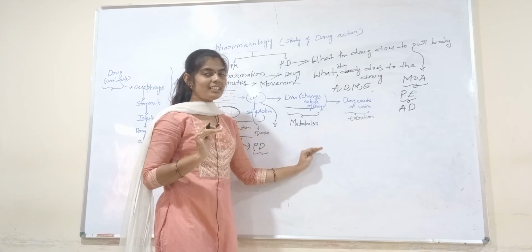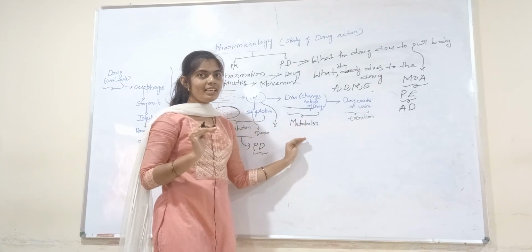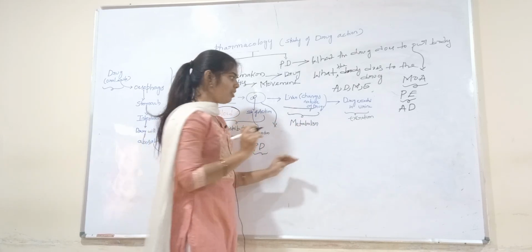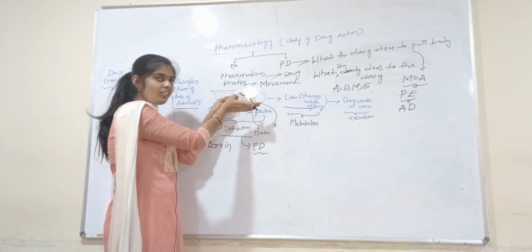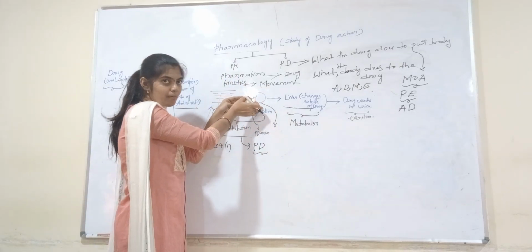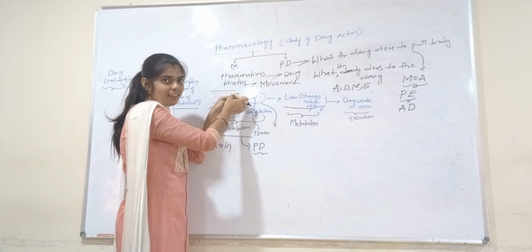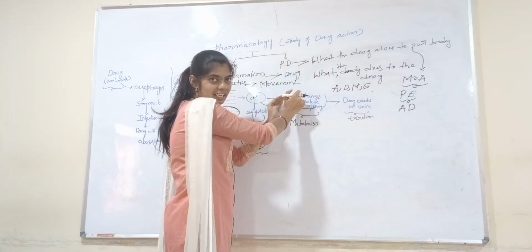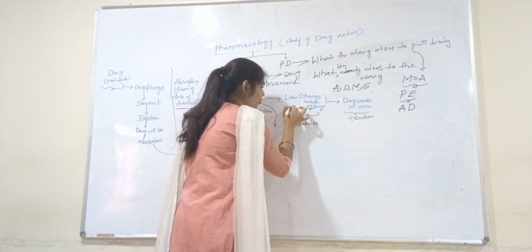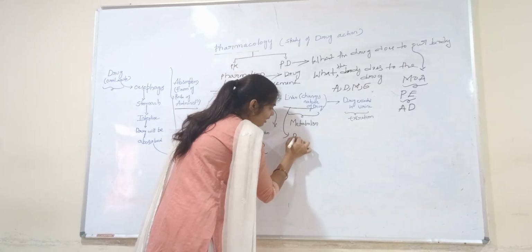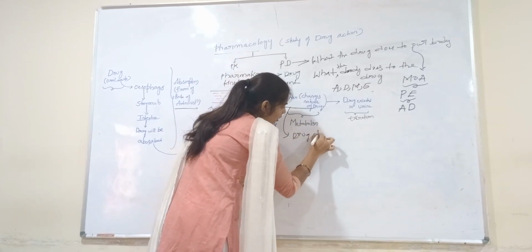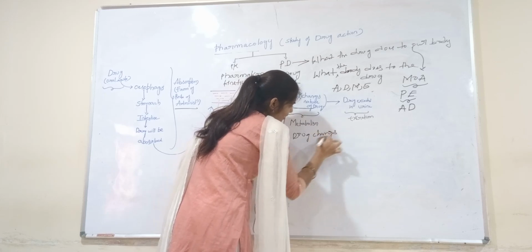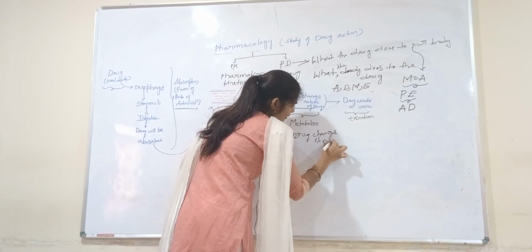But in order to excrete, the drug's nature should be changed. So after showing its activities in my brain, the drug from the blood reaches the liver in order to change its nature. In the liver, the drug changes its nature.